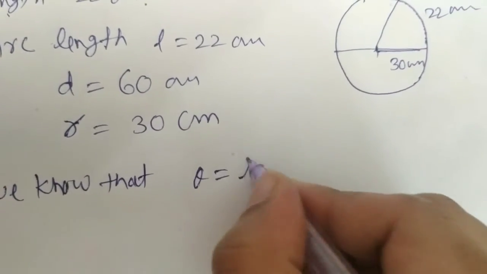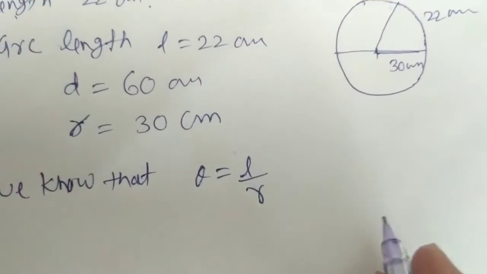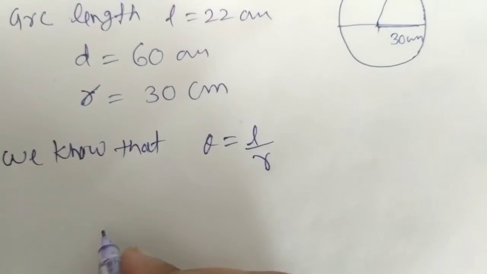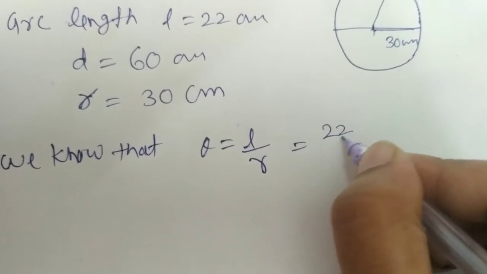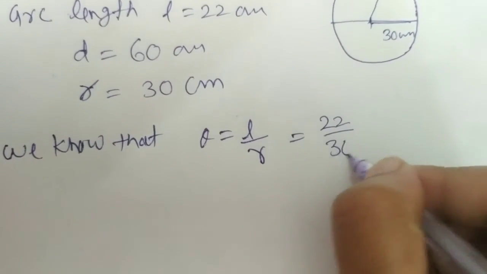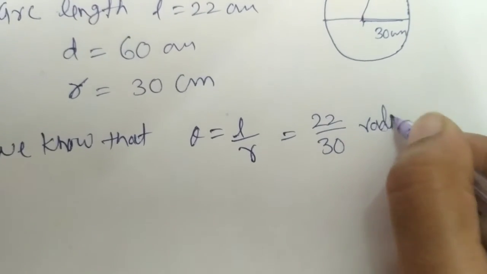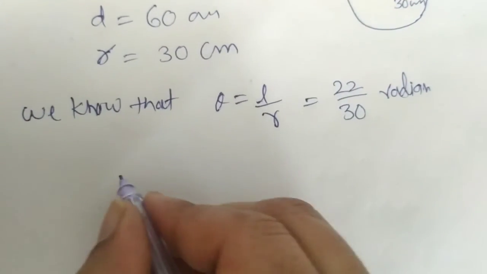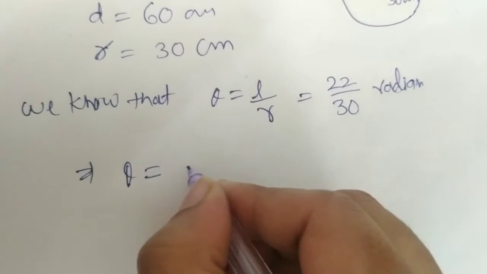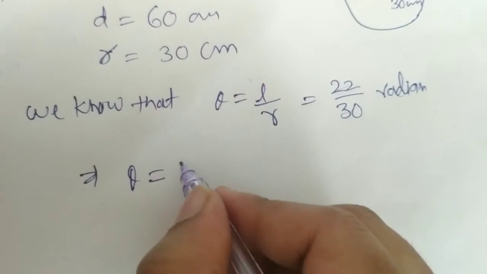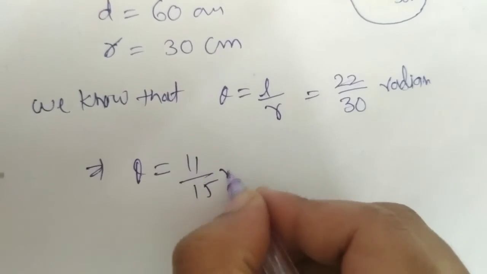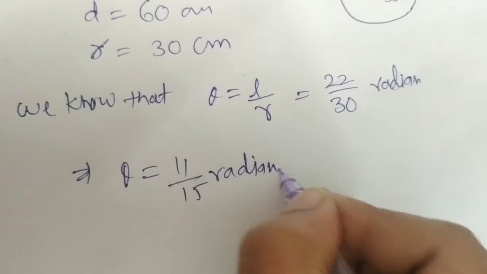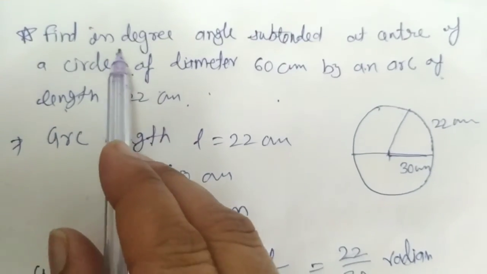Now we know that theta equals L upon R. Putting all the values, we get 22 upon 30, that is in radians. So theta will be equal to, just cancel out, 11 upon 15. Now this is in radians, and in this question we need degrees.